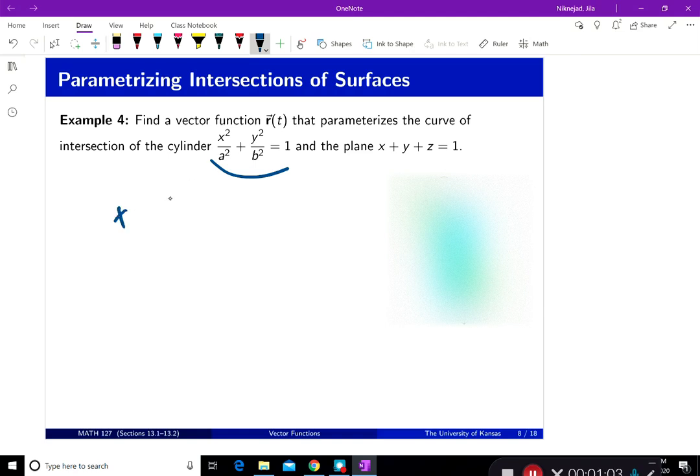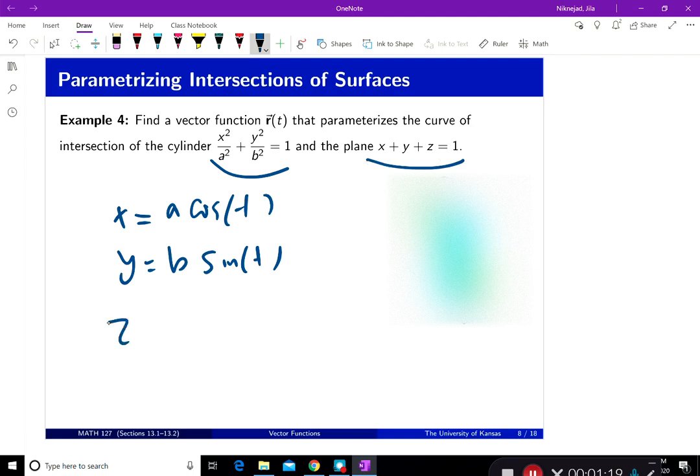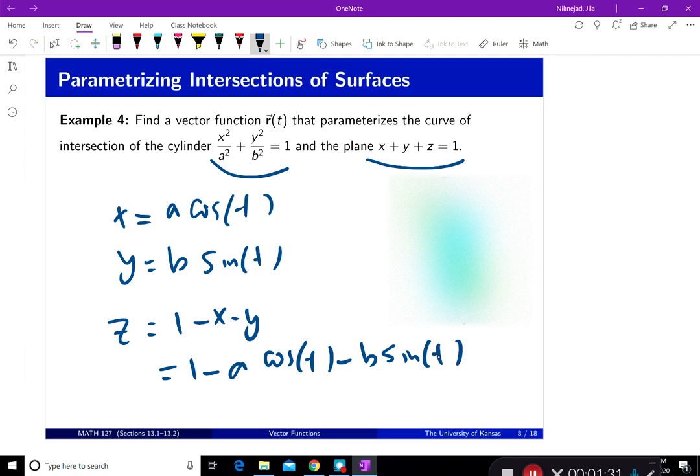So the first one, x is equal to a cosine of t, y equal to b sine of t, and then now I have to do z. I'm going to solve over there, and z is 1 minus a cosine of t minus b sine of t.